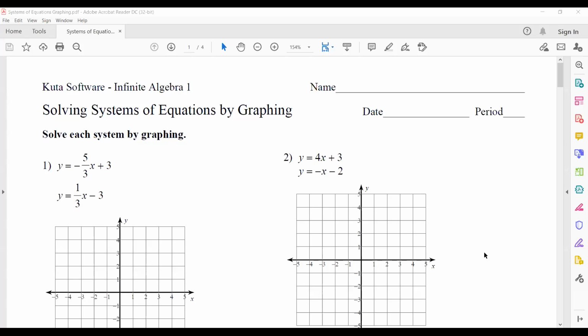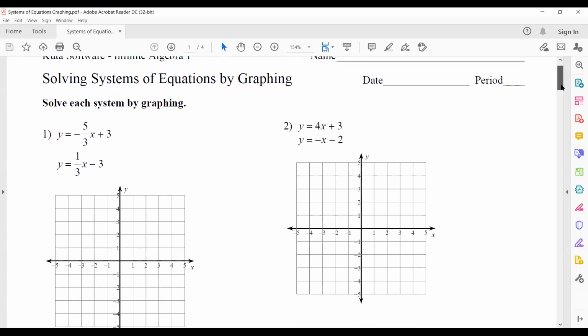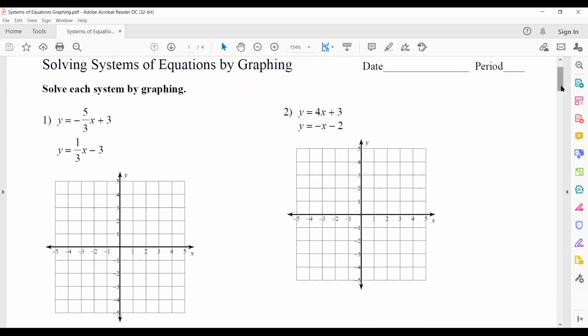So one of the things that you'll see in the materials for this, the start of this unit, is a couple of these PDF files. And I would encourage you to download these or print these out and do some practice with these. There are several benefits to that.